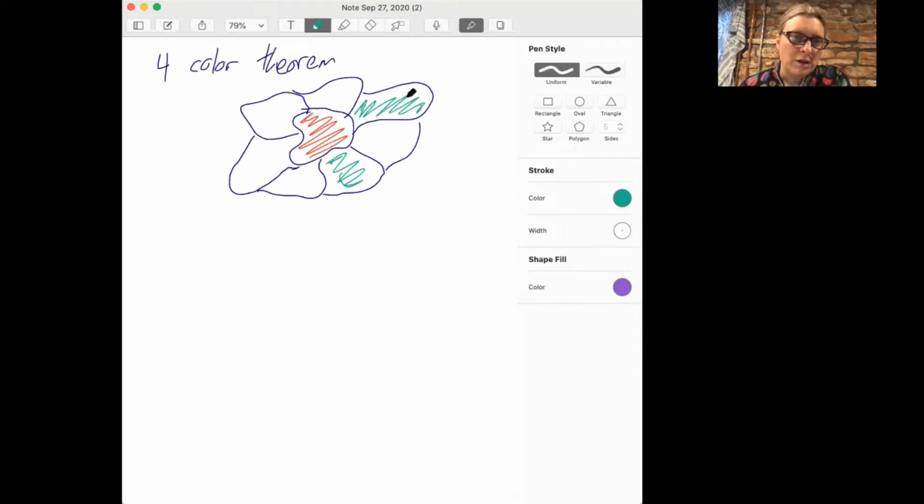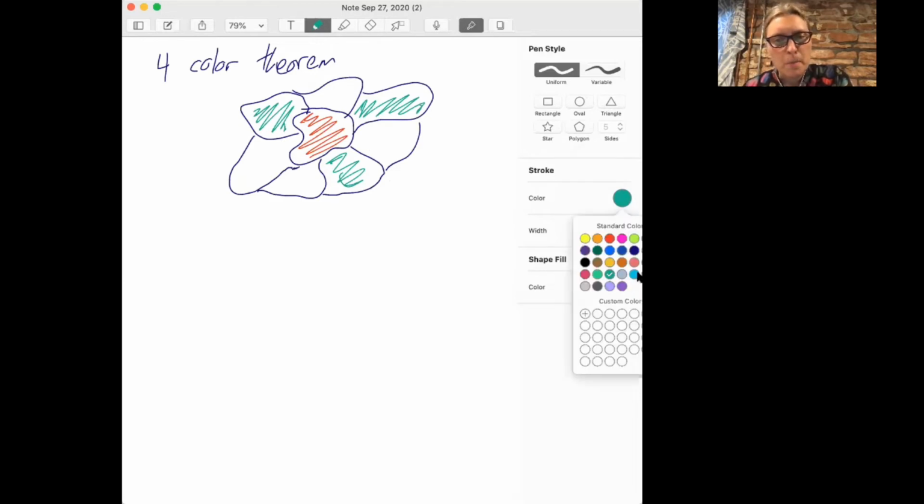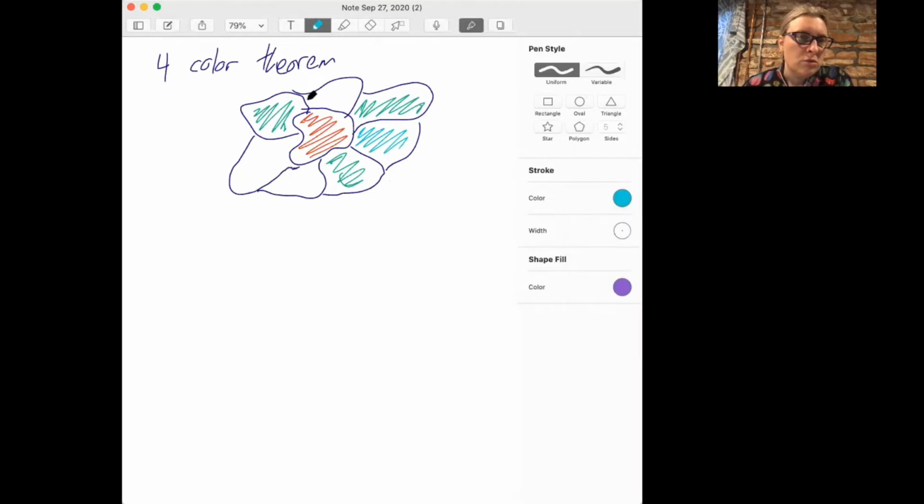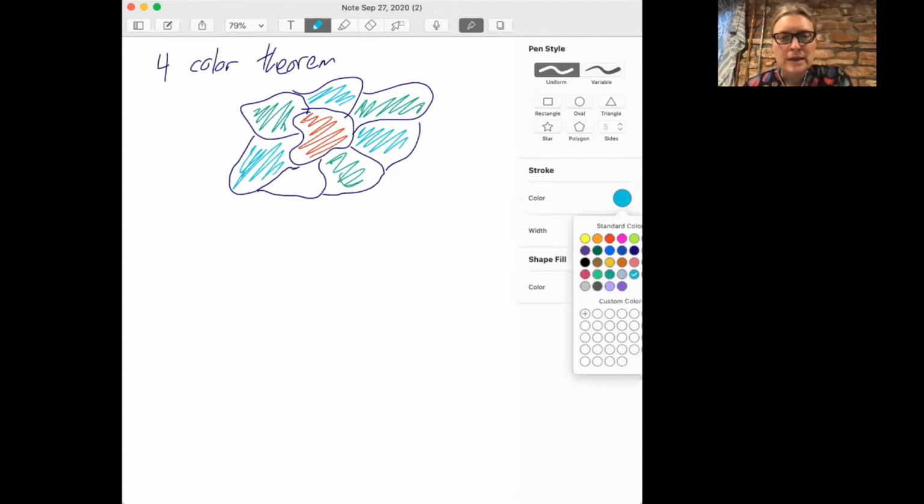Oh, and I needed to say that on this map, if two countries share a border, they can't have the same color. So I could make this one blue. And then we get to this country, and it can't be red or green or blue because it shares a border with all those different colors. So that's why you need the fourth color, maybe purple.